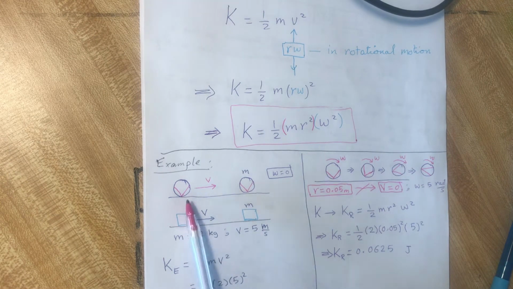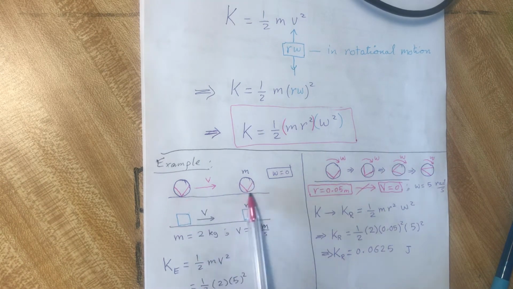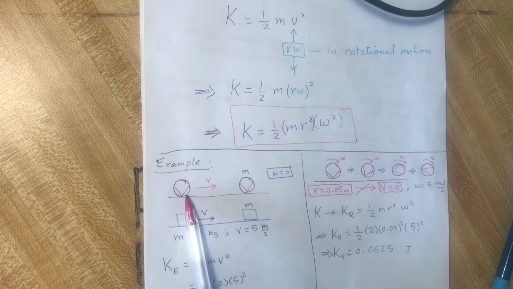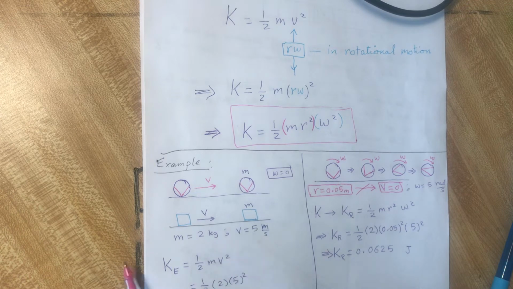If we have a ball, it is not rotated, okay? It is just a ball sliding on the surface. We have no friction. Or a box, just a box. They have the same mass and the same velocity, so they have the same kinetic energy.